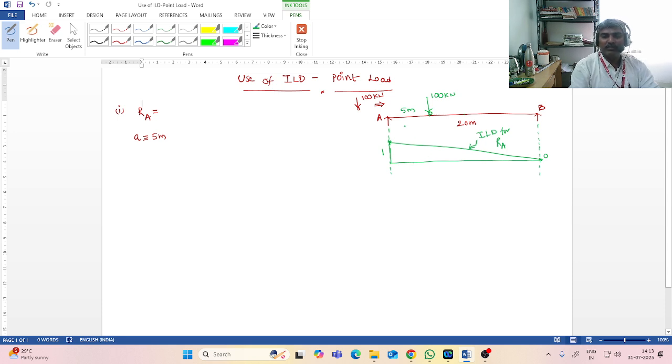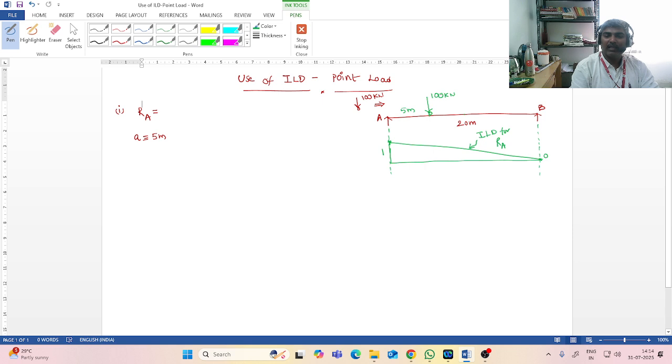Which means all these ordinate values, all these heights of the ILD, represent RA values for various positions of the moving load, a 1 unit moving load. So that is the meaning of this.